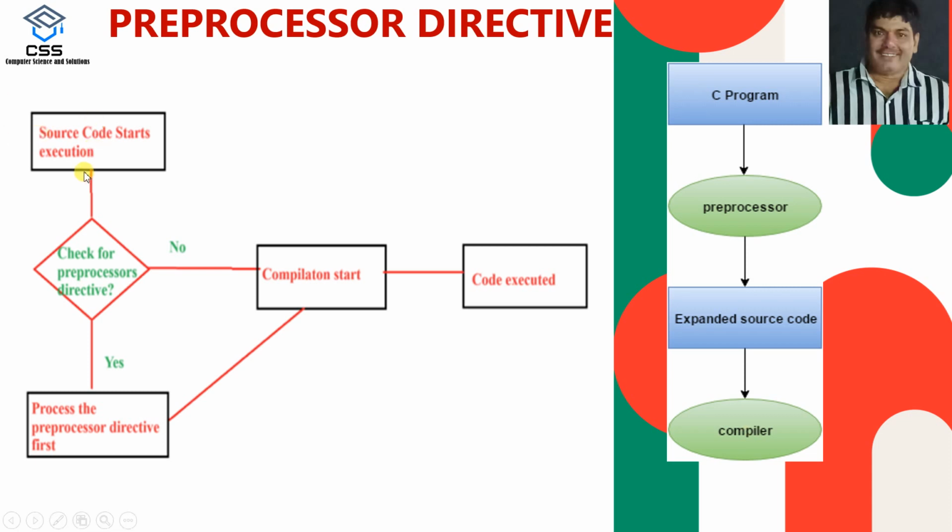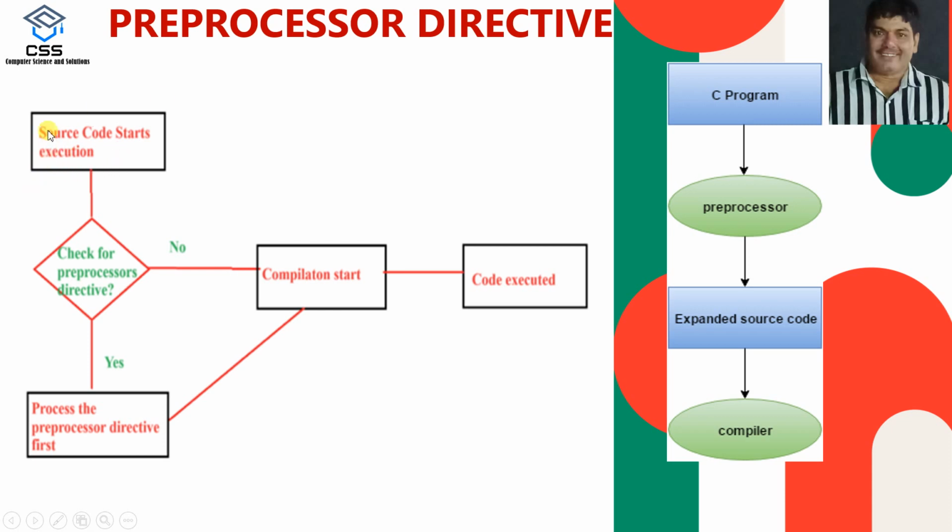The other figure shows first the source code, then it checks the preprocessor directives it needs. After checking all the preprocessor directive statements, compilation starts and the code is executed.